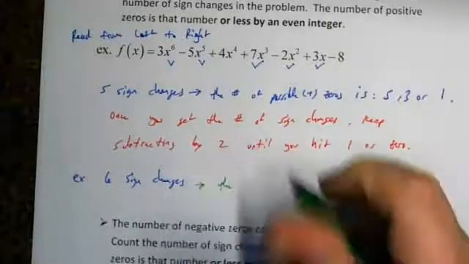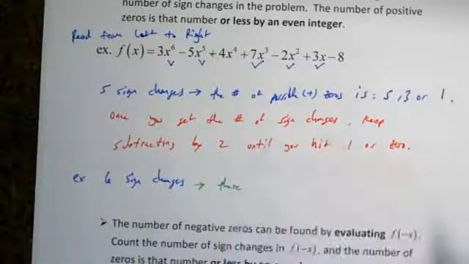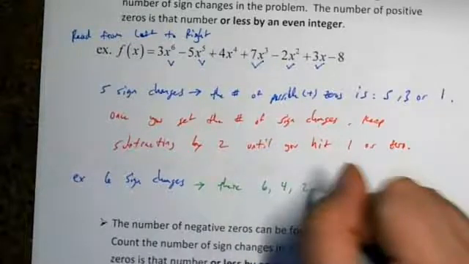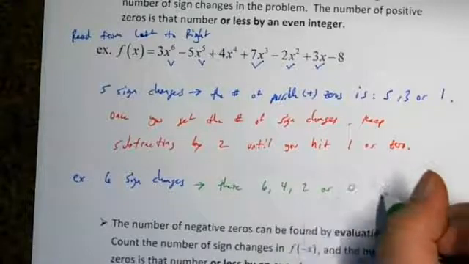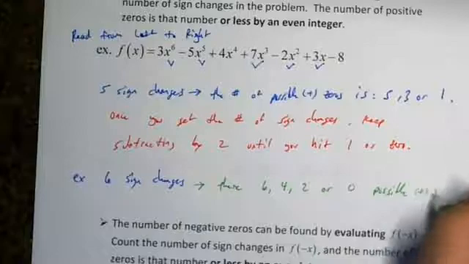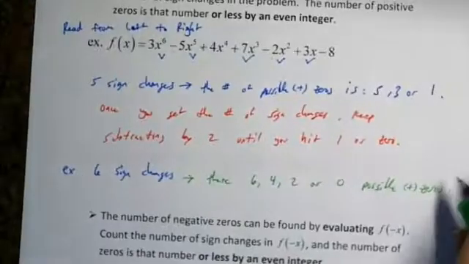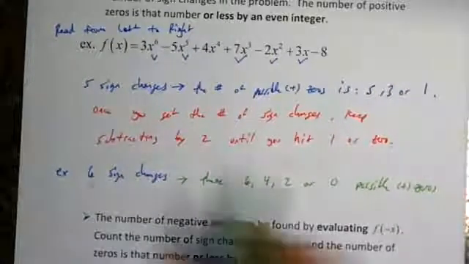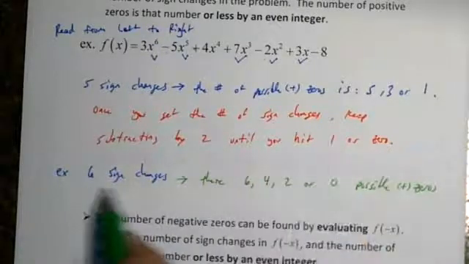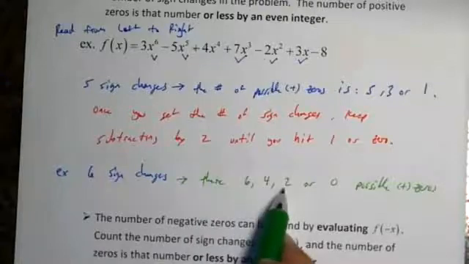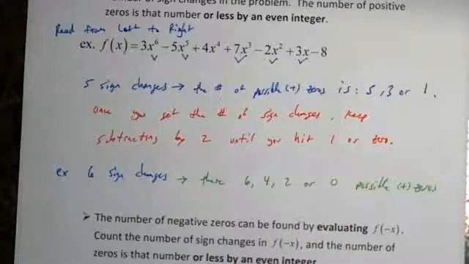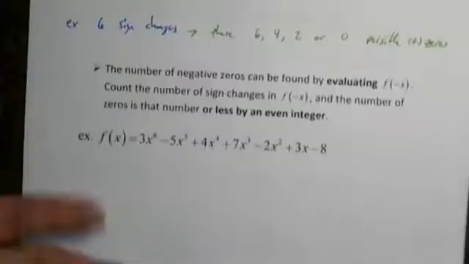So in that case, there are 6, 4, 2, or 0 possible positive zeros. 6, keep subtracting by 2 until you hit 1 or 0. So 6 minus 2, minus 2, minus 2. Now you stop. Okay.